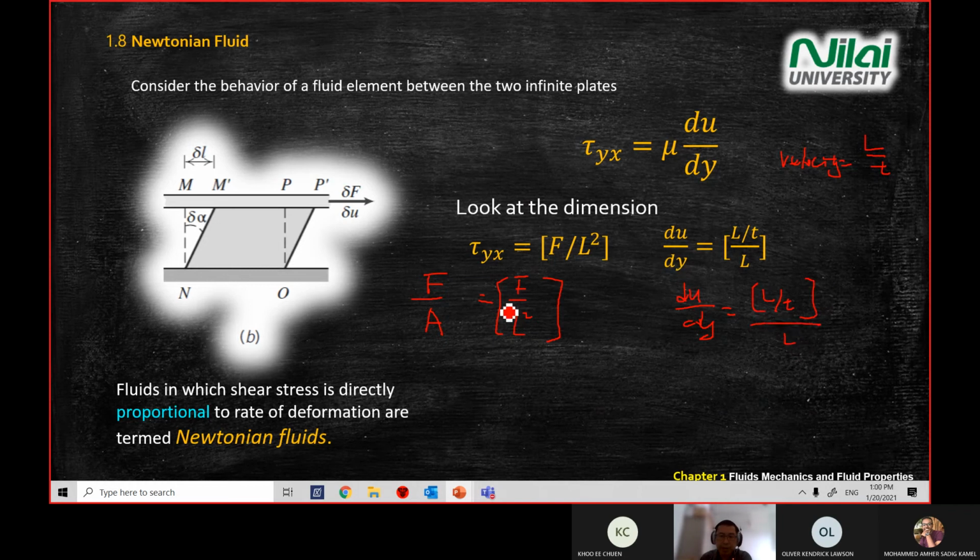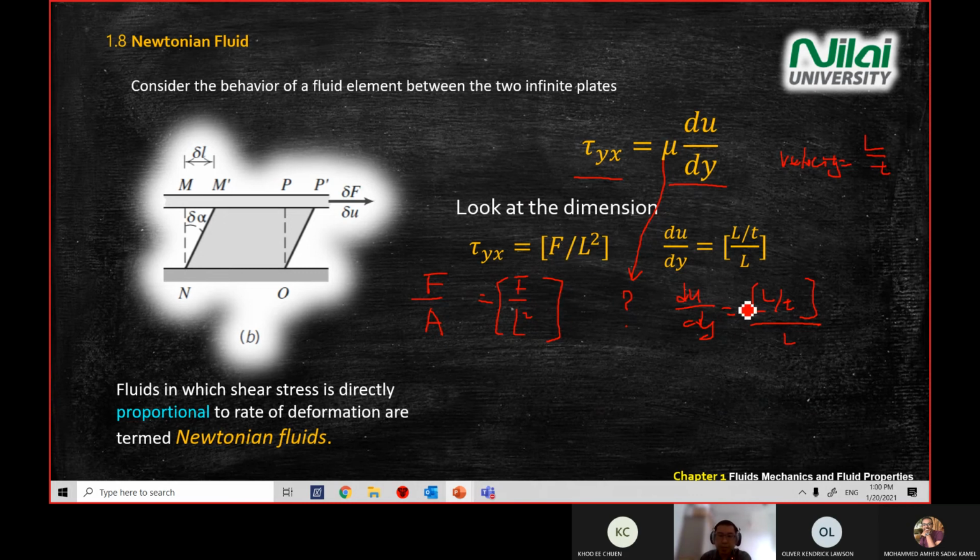Previously we mentioned that in the equation everything must be balanced, meaning the dimension on the left must be equal to the dimension on the right. So here there is something missing. We try to find the dimension of our constant value, which is our mu, our dynamic viscosity. So we do some simple mathematics.